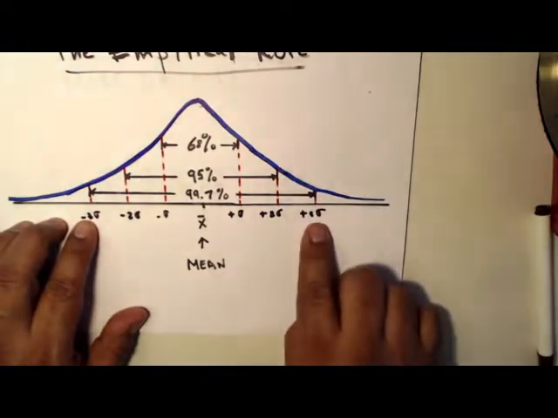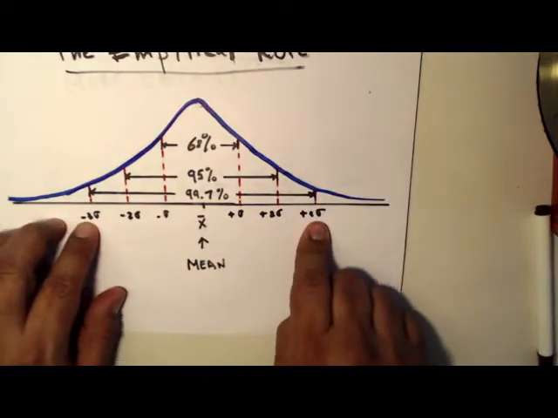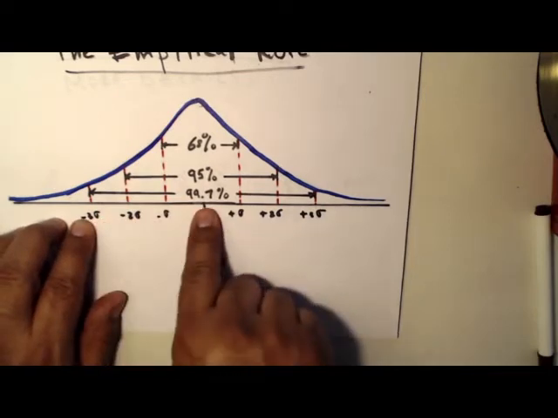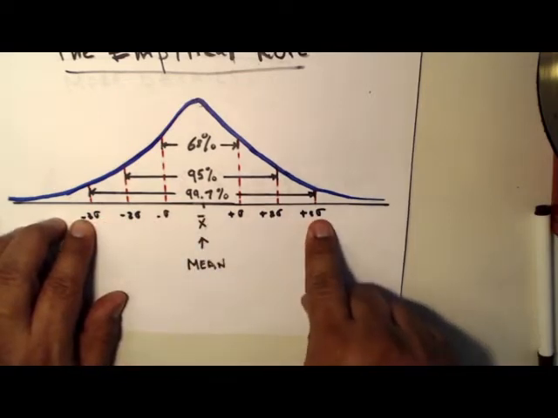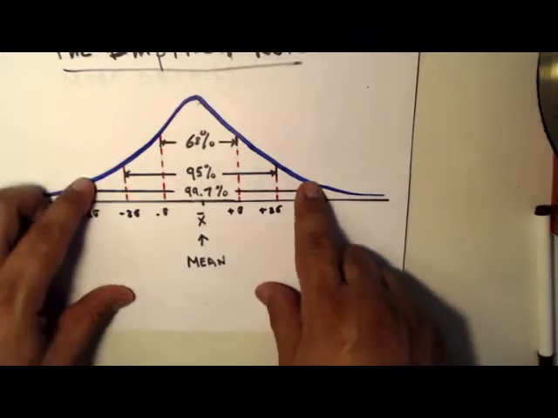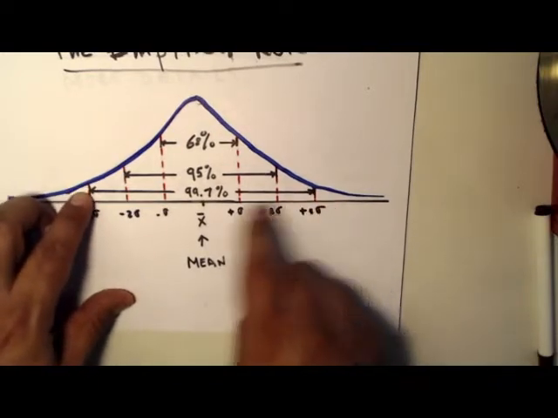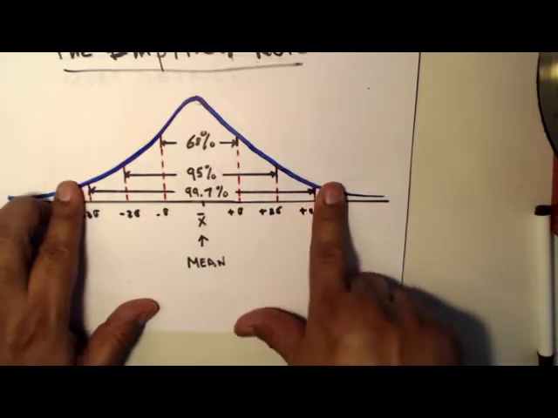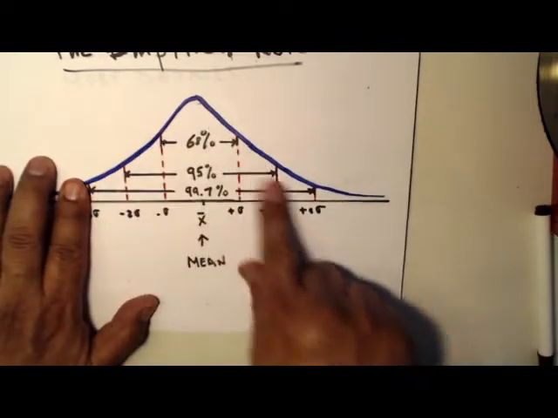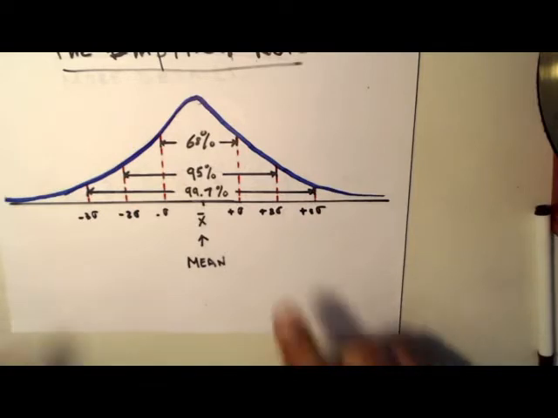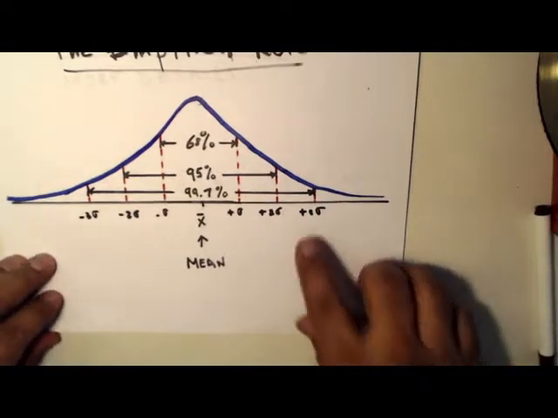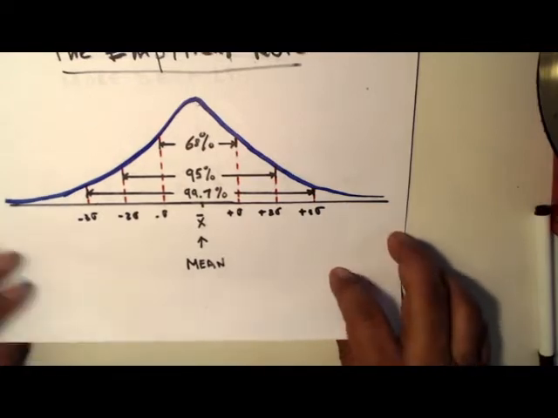And when we have three standard deviations on either side, from the mean to the other side here, in that case, 99.7% of the data falls within all this range up to this point. So this is very important to know. We're going to be doing some calculations using this empirical rule.